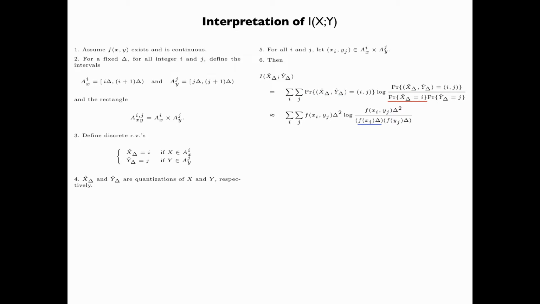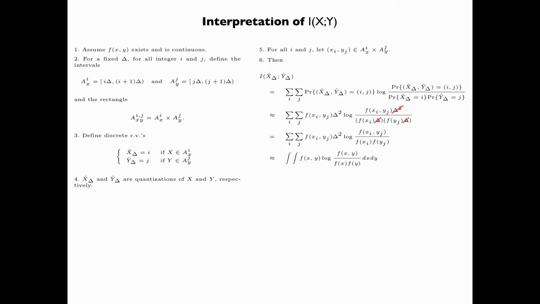Similarly, we approximate the probability that X hat delta is equal to i by f_X(x_i) times delta, and the probability that Y hat delta is equal to j by f_Y(y_j) times delta. Then this delta squared is cancelled by these deltas, and so we obtain the summation over i, summation over j, of f_XY(x_i, y_j) times delta squared, times log of f_XY(x_i, y_j) divided by f_X(x_i) times f_Y(y_j).